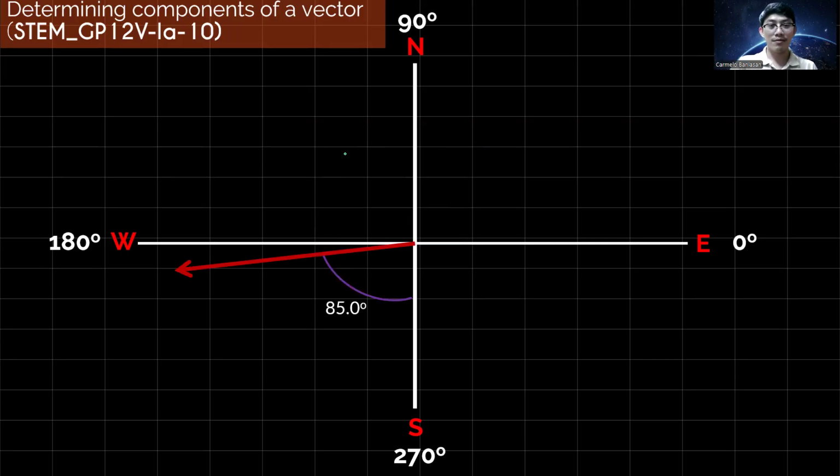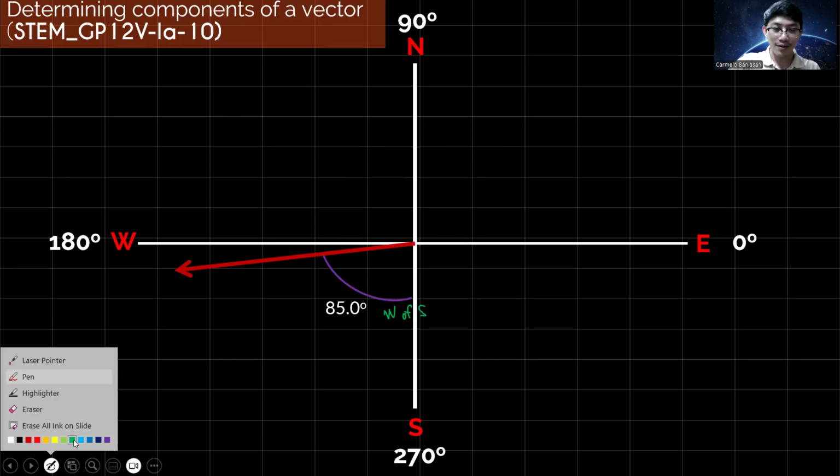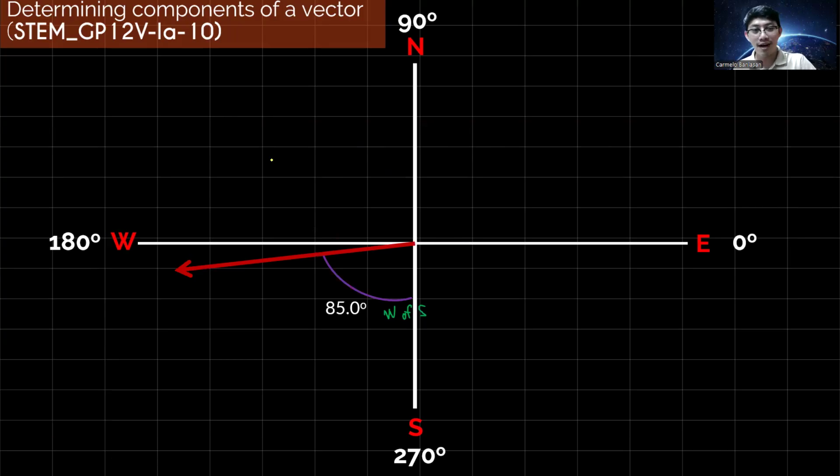Okay, another example. That is 85 degrees. So this, we know this is west of south, because it's from the south going to the west. But again, for our discussion later on, we are going to use standard angle. So when we talk about standard angle, that's from 0 until you rotate. You rotate from 0 to this one. So we know this is 180 until here.